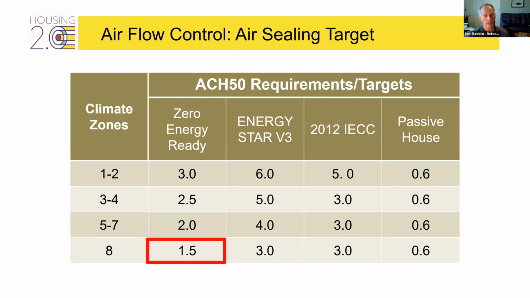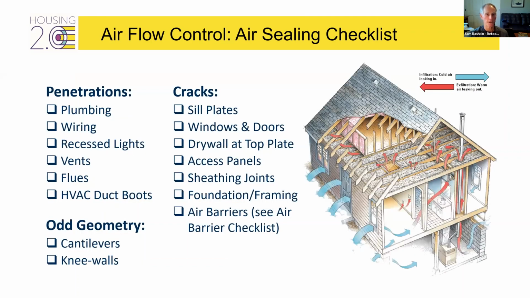If you're in the colder climate zones like 6, 7, 8, I would recommend 1.0 ACH 50. Let's keep this simple. We can do this. This isn't a mystery anymore. We know how to do air sealing effectively. And so again, usual suspects of penetrations, cracks. There are about a half-mile of cracks in an average home, and those geometry challenges that come up with complicated designs have to be managed.